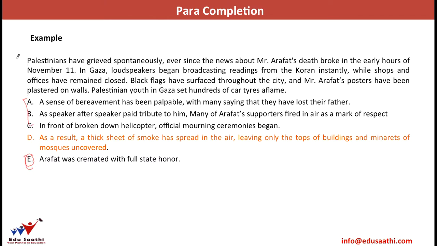They're continuing based on the tone, but the last line introduces an incomplete process, which is that the youth has set hundreds of car tires aflame, and that is it. So the next line has to complete this process, which has led to a thick sheet of smoke. So my answer would be option D.